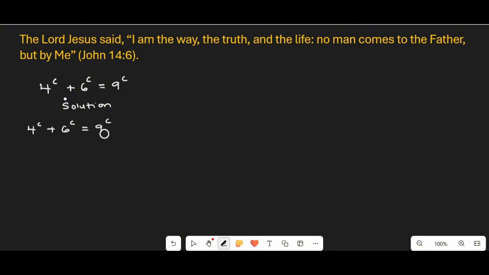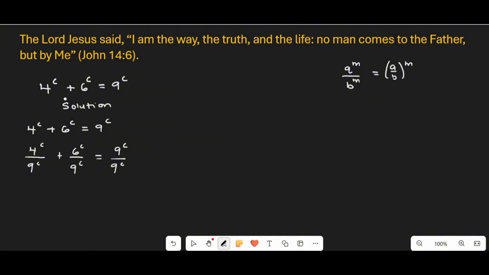So let us divide through by 9 raised to power C. So we are going to have 4 raised to power C over 9 raised to power C plus 6 raised to power C over 9 raised to power C equal to 9 raised to power C over 9 raised to power C. And if we have A raised to power M over B raised to power M is equal to A over B all raised to power M, let us apply this formula for this and this.